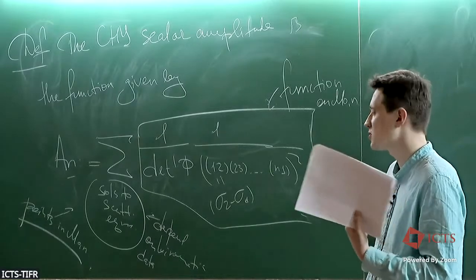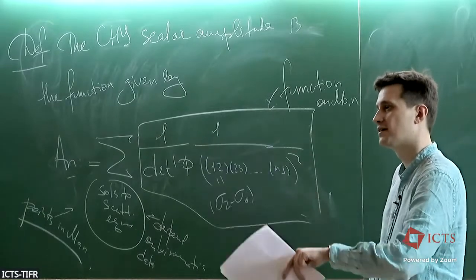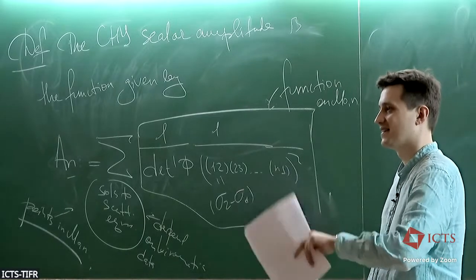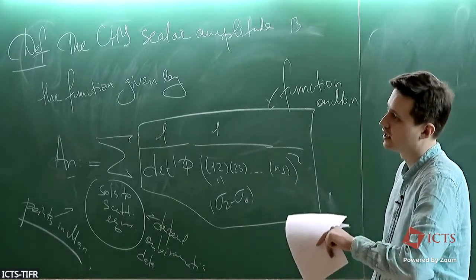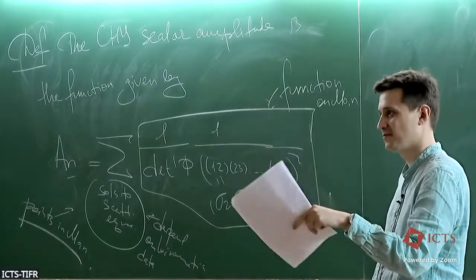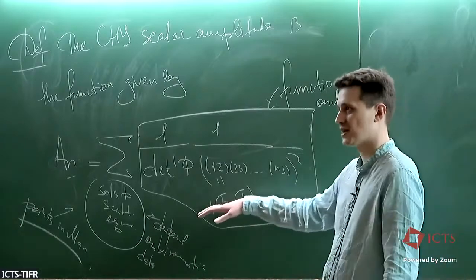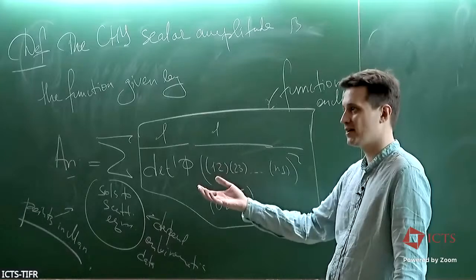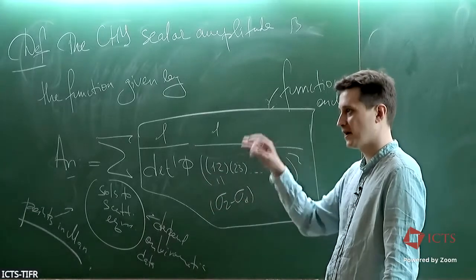But how do you distinguish them? I don't think it's meaningful to think about individual summands of this function as functions of Sij, because the Sij's define a system of equations.